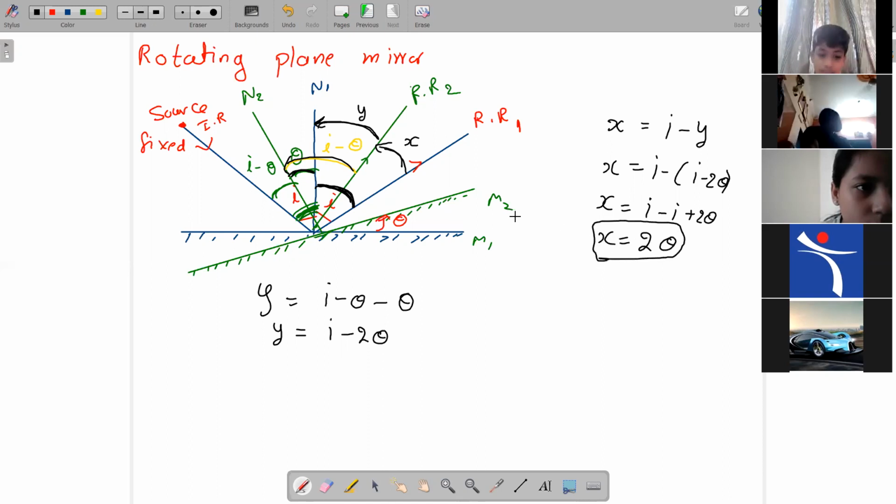So when you rotate your mirror by an angle theta, the reflected ray will rotate by an angle 2 theta. Clear, children? That is what is important. It is better to write this down in words so you can remember.